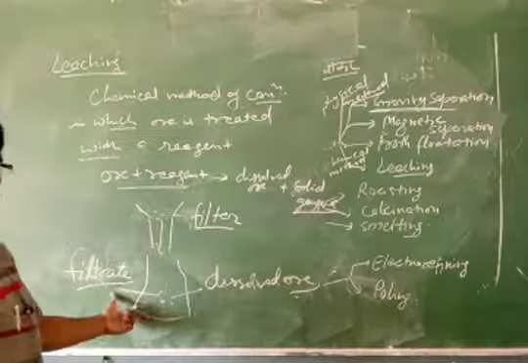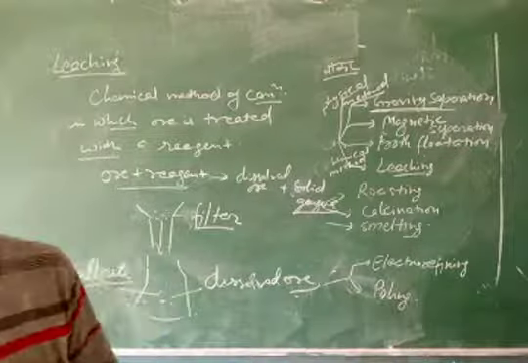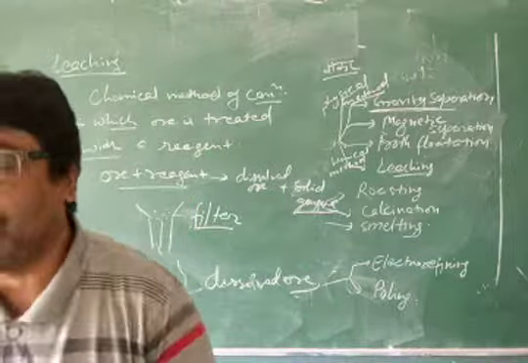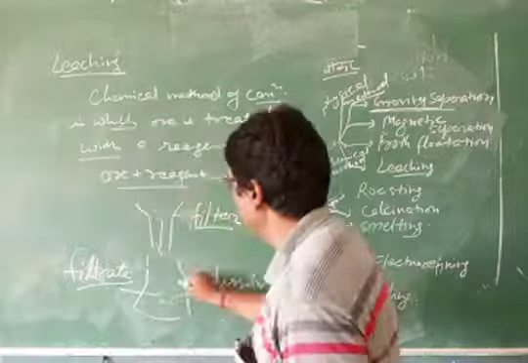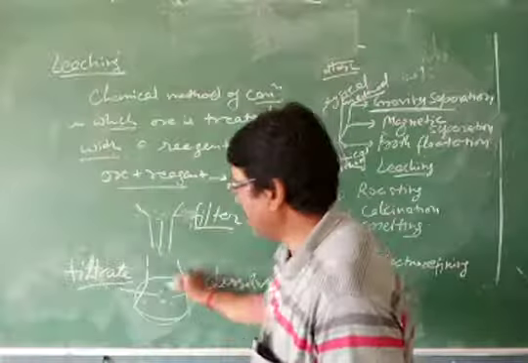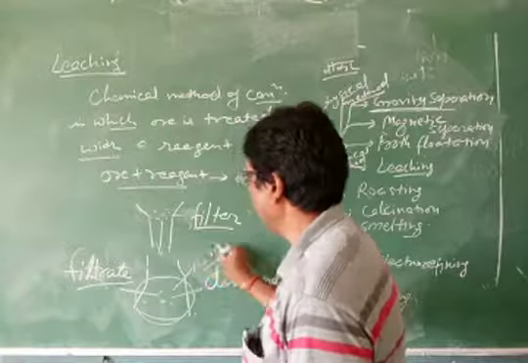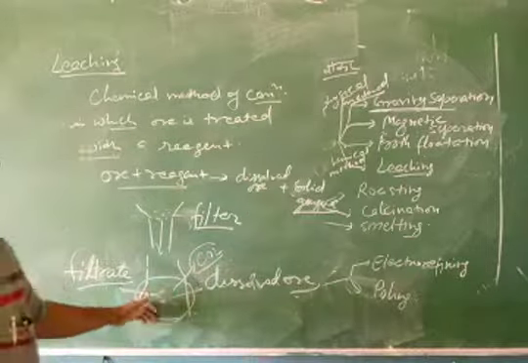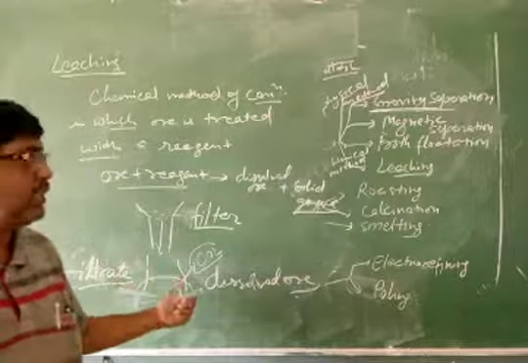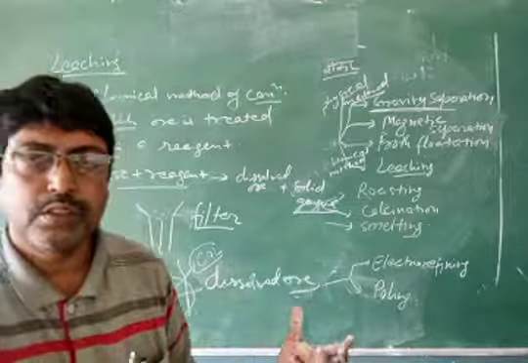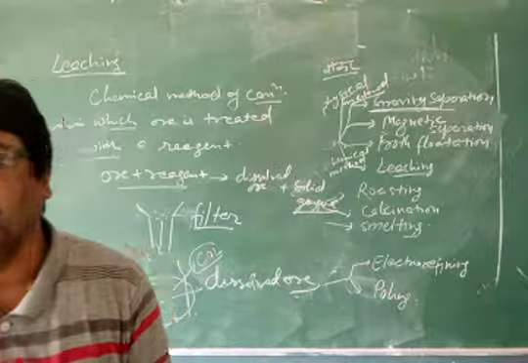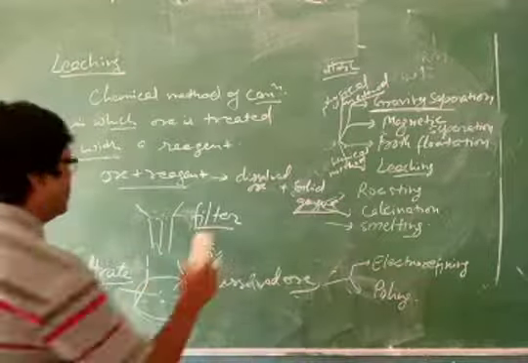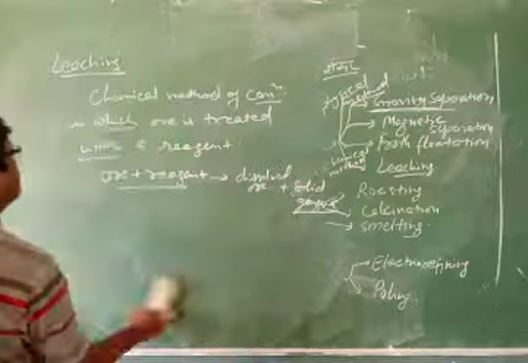That filtrate contains dissolved ore, which is recovered by diluting the solution and passing carbon dioxide through it. By diluting the solution and passing carbon dioxide, the precipitate of metal is formed, and that precipitate is collected and sent for the next process. You can better understand this process by an example.